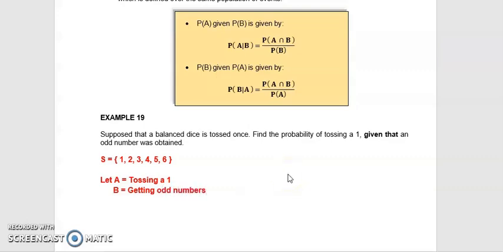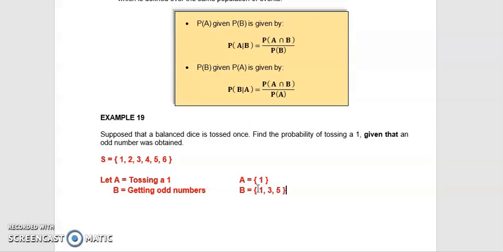Now we list the sample space under each event. So for event A, tossing a 1, the sample space will be number 1 only. For event B, the sample space will be getting odd numbers. So odd numbers from this experiment are 1, 3 and 5 only.